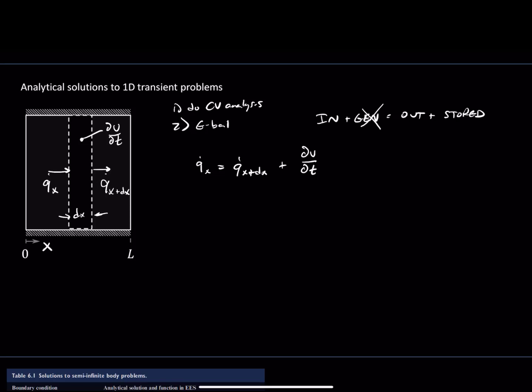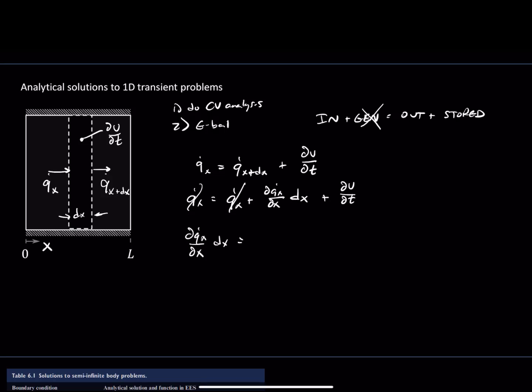So let's expand out the term. We get Q dot x plus dx is equal to Q dot x plus the partial of Q dot x with respect to x times the differential width, which is just dx. Right, that's not a partial. Plus the partial of u with respect to time. The Q dot x's cancel, and we can simplify down to the equation: partial Q dot x partial x times dx equals, let's see, du dt.